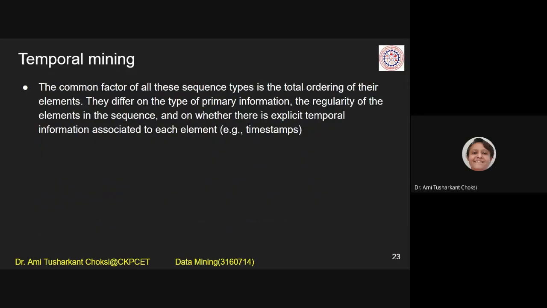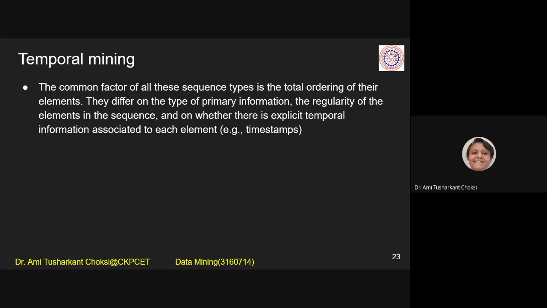The common factor of all the sequence types is the total ordering of their elements. They differ in the type of primary information, the regularity of the elements in the sequence, and whether there is explicit temporal information associated with each element, for example, the timestamp.